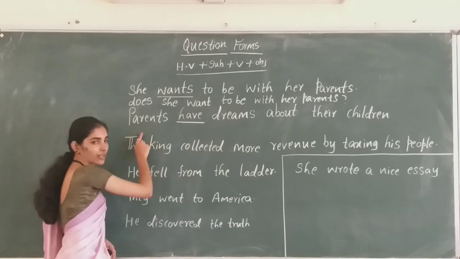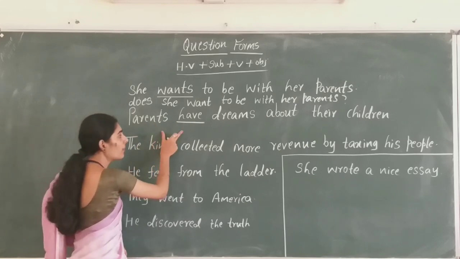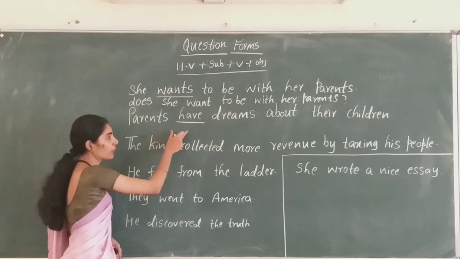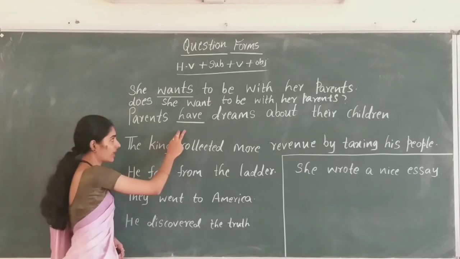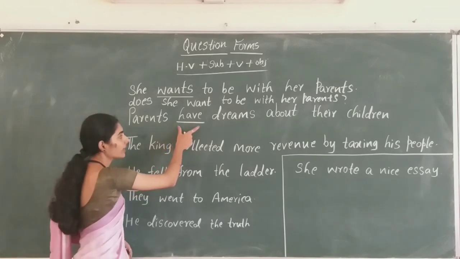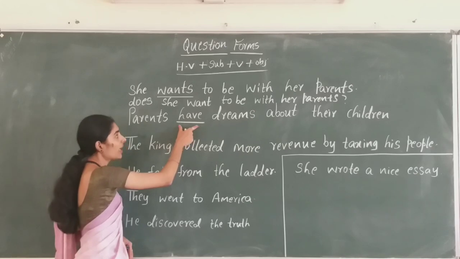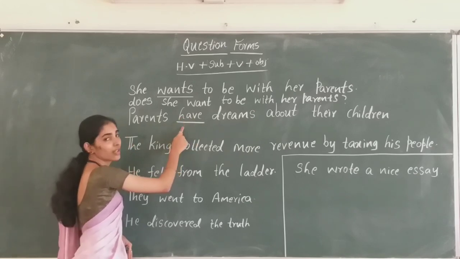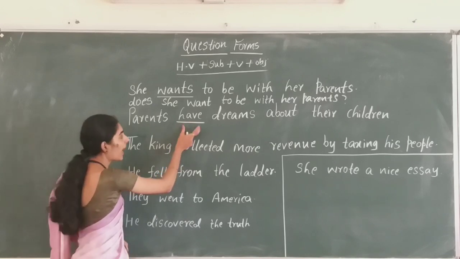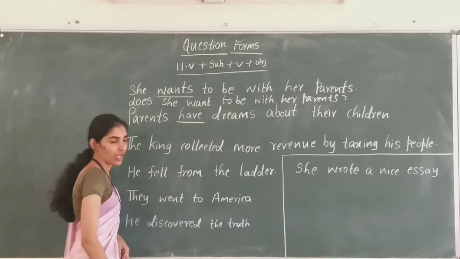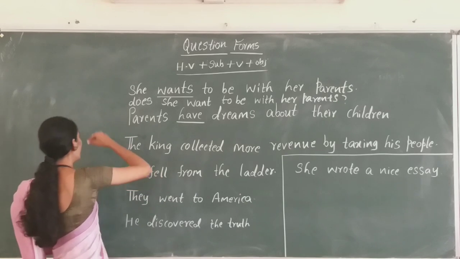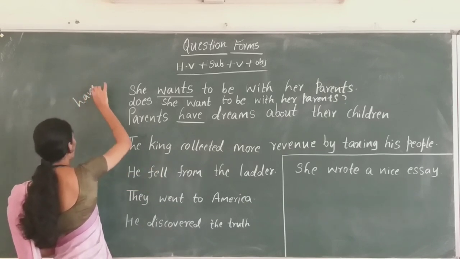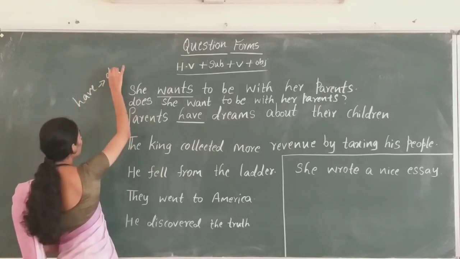You cannot write have parents here because this is a do form sentence. You have to frame a do form question to this sentence, and that is why you cannot consider this as a helping verb here, because this helping verb acts as the main verb. So have is do. When there is have, it takes do.